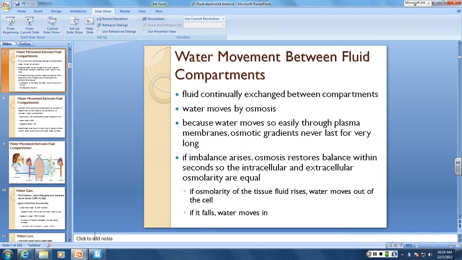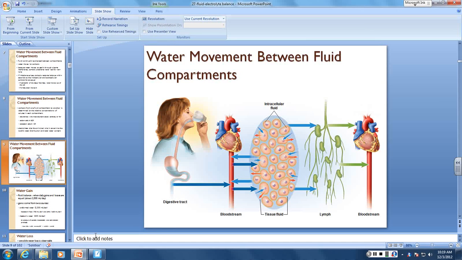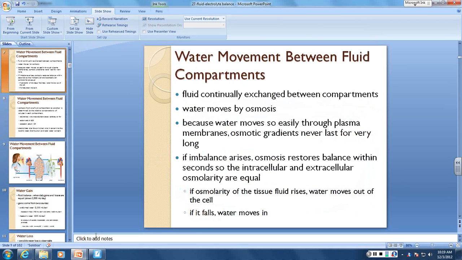Any questions on that? So now I wanted you all to see if you could understand that question. If osmolarity of the tissue fluid rises, think about that. Osmolarity of the tissue fluid. So in the picture, that's the picture in the middle. So you have all those cells, and outside of the cells, it's saying the tissue fluid osmolarity increases.